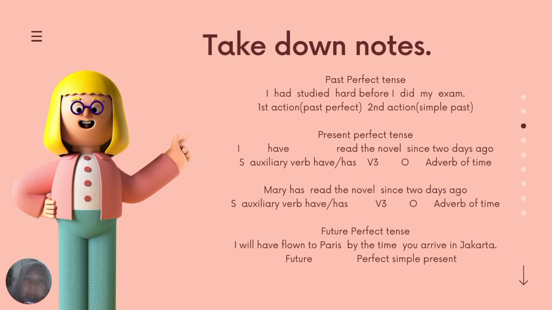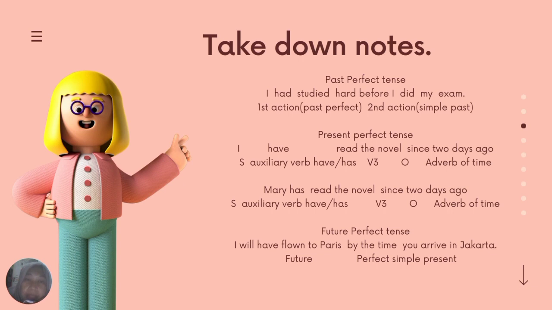And you can divide them into some parts, into two parts actually. The first part or first action is written in the past perfect tense. Where is it? Yes. Okay, that's correct. I had studied hard. That's the first action written in the past perfect.